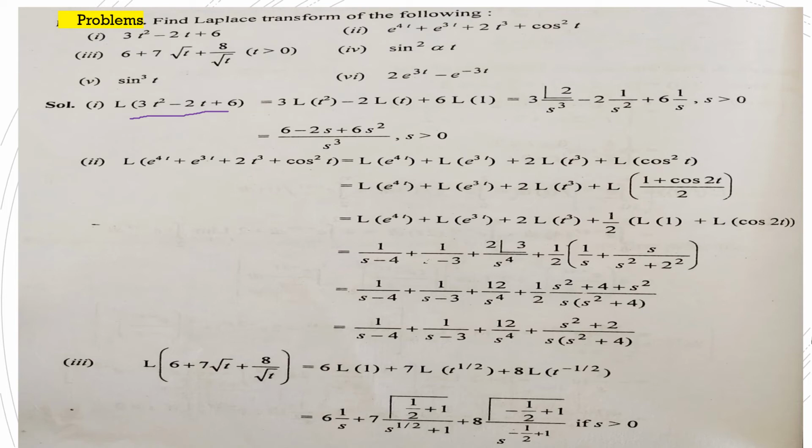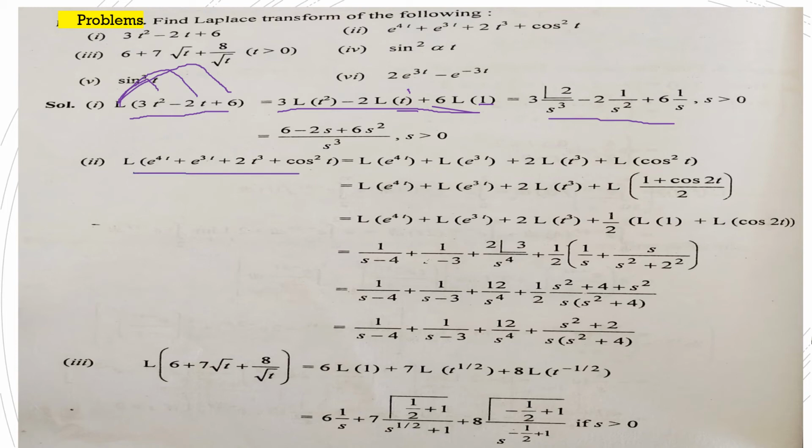Using the linear property, we take Laplace inside and take constants outside. So we have Laplace of t square, Laplace of t, and Laplace of the constant, which is treated as Laplace of 1. Laplace of t raised to power n, where n is an integer, gives 2 factorial upon s cube. For Laplace of t, n is 1, so it is 1 over s square. And Laplace of 1, you have to learn, is 1 upon s. It is a very simple question. Now you can take the LCM and simplify it.